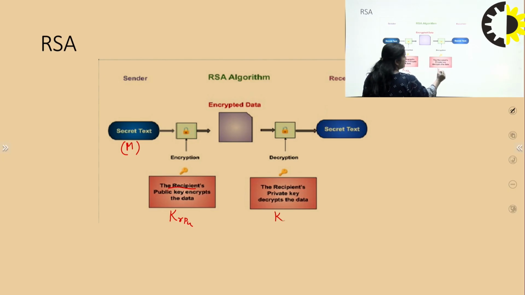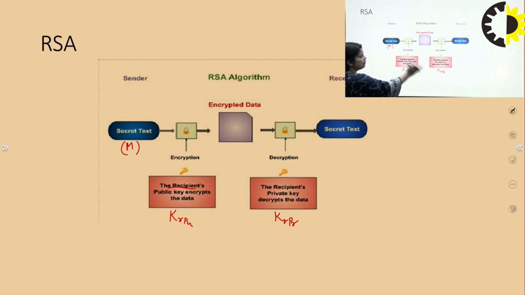Always remember, in RSA, at the encryption time, the public key of the receiver is used for the encryption, and at the receiver end, when you are decrypting that data, the receiver uses its own private key.